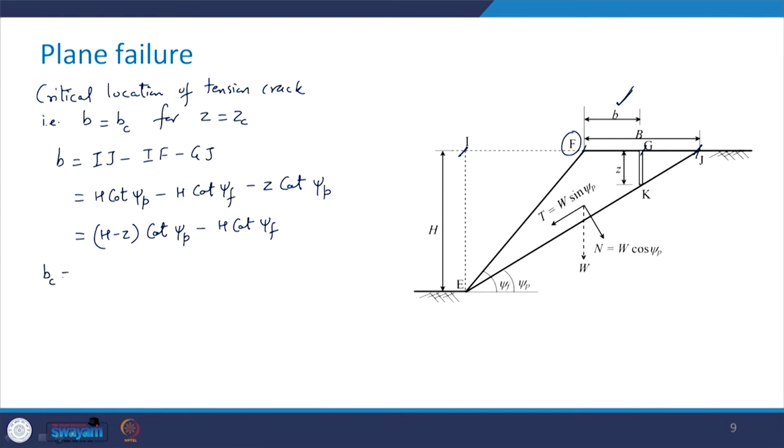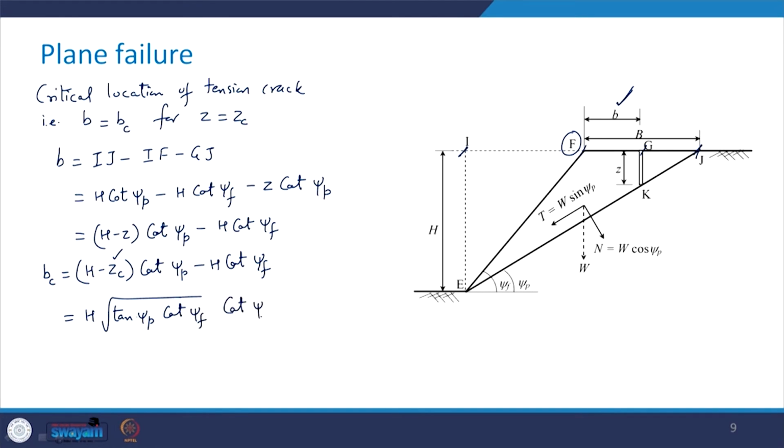So bc is going to be h minus zc cot psi p minus h cot psi f. Now we know what is the expression for zc, just substitute it there. So what you will get as h square root of tan psi p cot psi f into cot psi p minus h cot psi f.